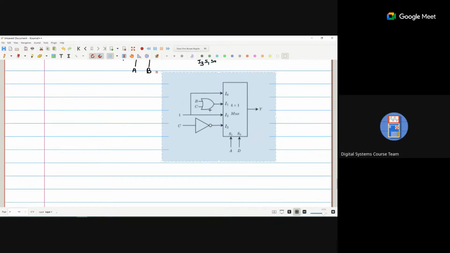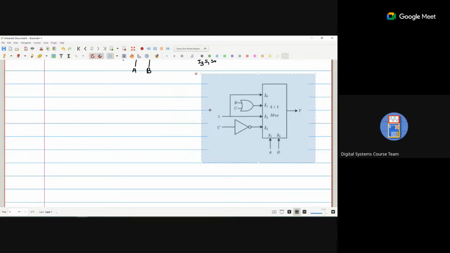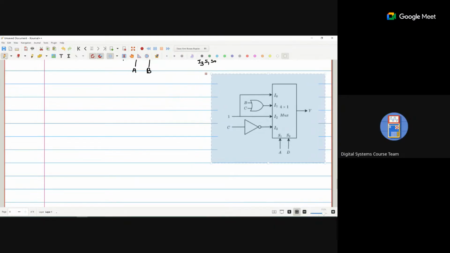First of all, we write the equation. Y is I naught S1 bar S naught bar plus I1 S1 bar S naught plus I2 S1 S naught bar plus I3 S1 S naught.